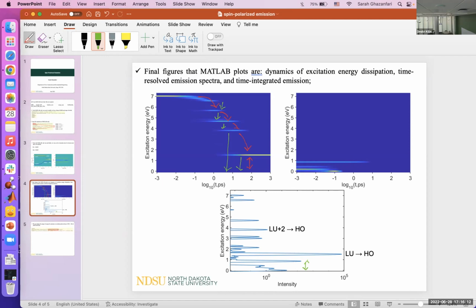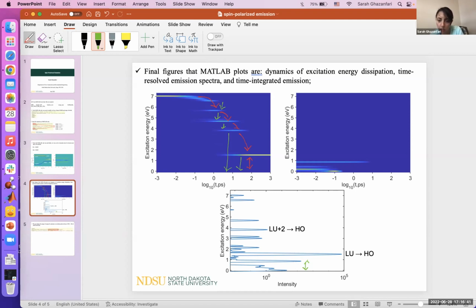Now let's return to the question by David: why are these two transitions important? The LUMO to HOMO, as Dr. Klein said, we expected to have the lowest excitation energy and the highest intensity, so we wanted to see if we are right or wrong.